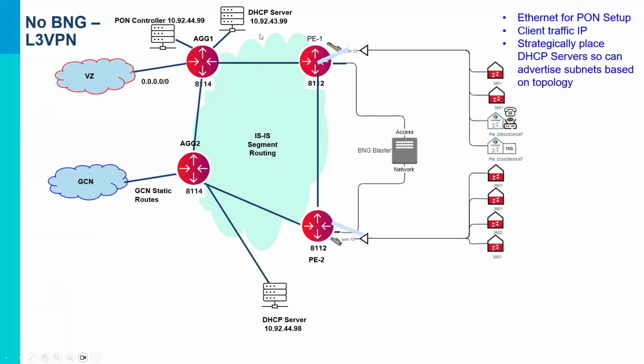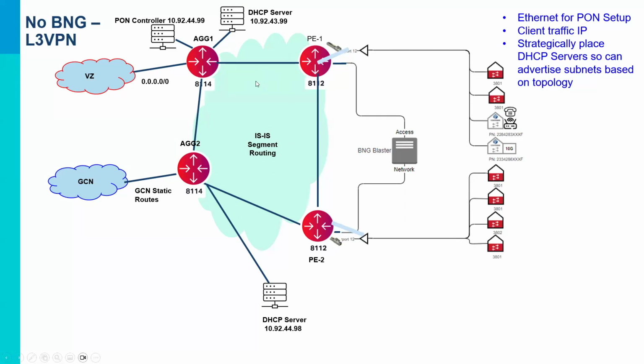Because you have to be strategic about how the DHCP server is allocating IP addresses to the different users in the network. You don't want 1.1.1.1 to be on PE1 and 1.1.1.2 to be on PE2 because you don't want all of the routers in your network to have a whole bunch of /32s for all of your subscribers, right? So you want to strategically allocate your IP addresses so that you can aggregate routes.